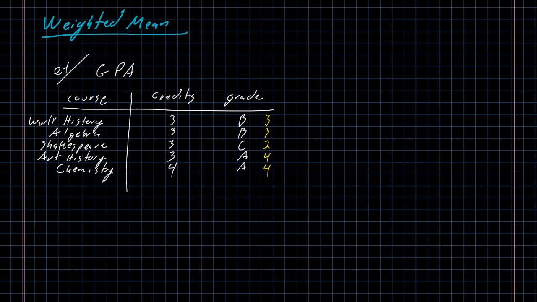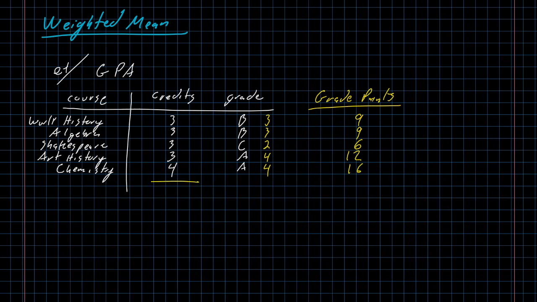So if you have a 3-credit class where you earned a B, that means that you earned 3 times 3, which is 9 grade points for world history and 9 grade points for algebra. 3 times 2 is 6 grade points for Shakespeare. 3 times 4 is 12 grade points for art history, and 4 times 4 is 16 grade points for chemistry.